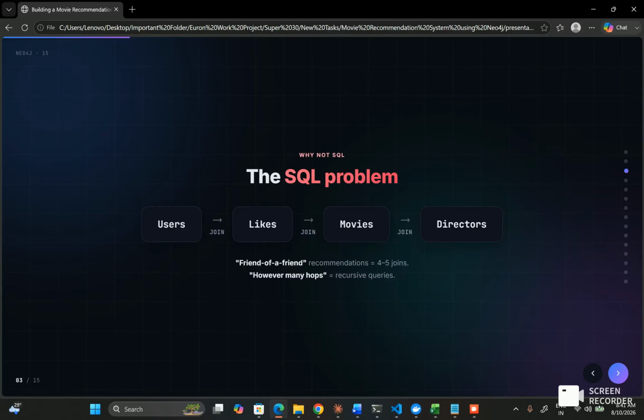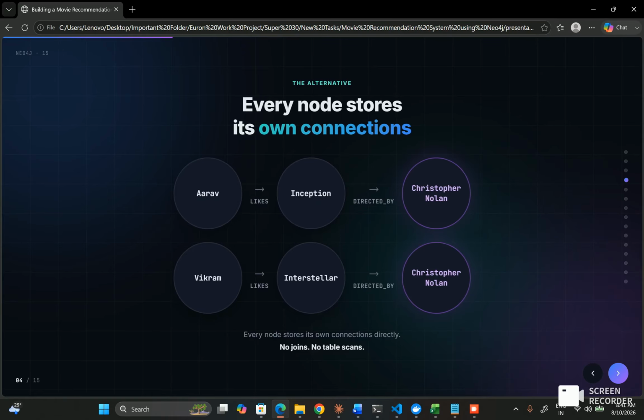So here's an alternative I chose, and that is a graph database. A graph database avoids all of that.